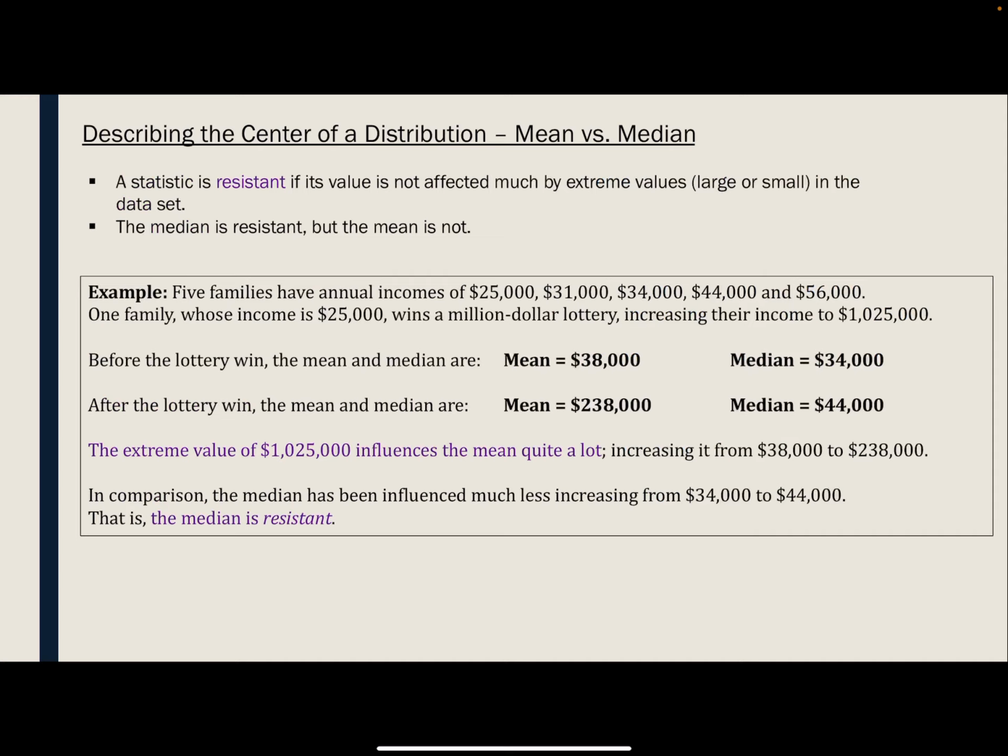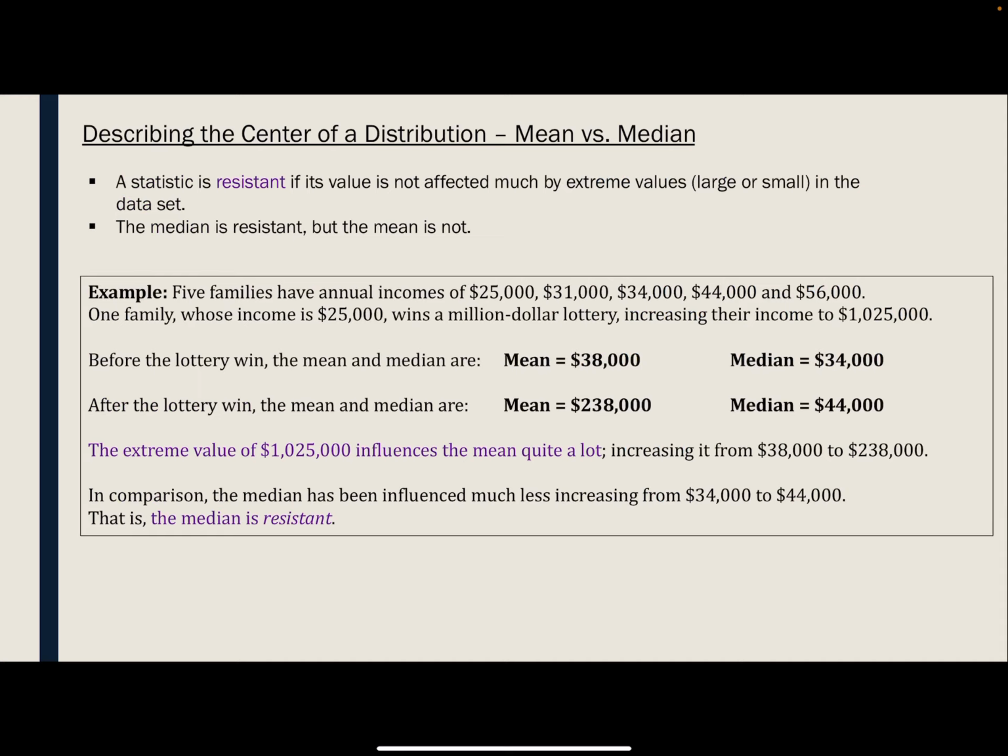But figure if the median is the middle value, it doesn't matter how big or small any extreme values, meaning the max or the min, are, the median is still in the center. However, the mean, because of the way it's calculated, because you add up all those values, when you add an extreme value, it's going to affect the mean when you add them up and then divide by that number of individuals.